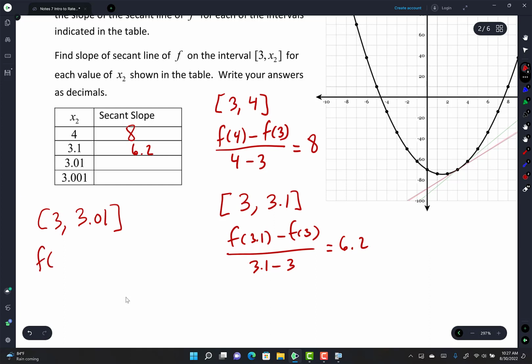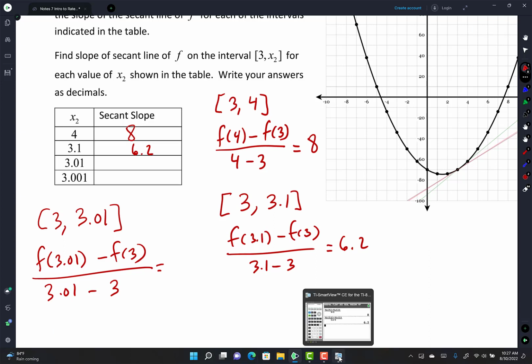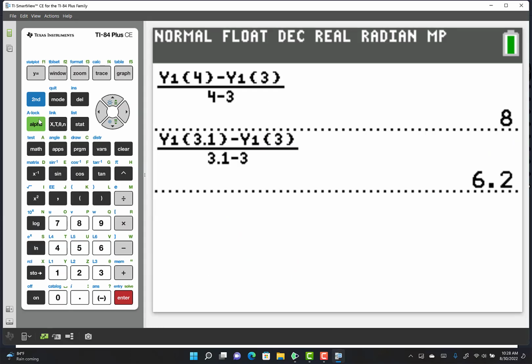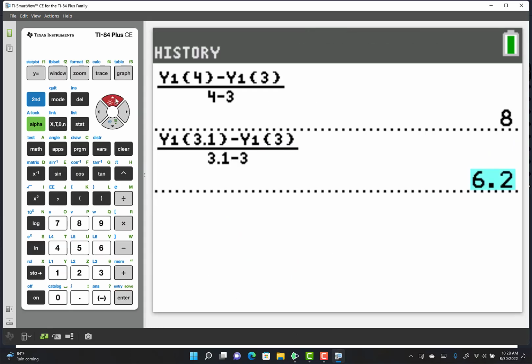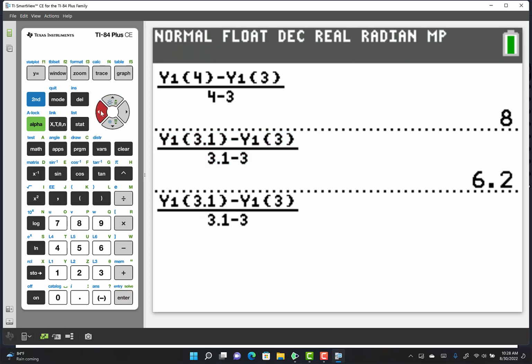So I'm going to go f of 3.01 minus f of 3, divided by 3.01 minus 3. Let's see what that is. I got 6.2 for that one. Here we go, I'm just going to put in a 0 there. Second insert, 0.